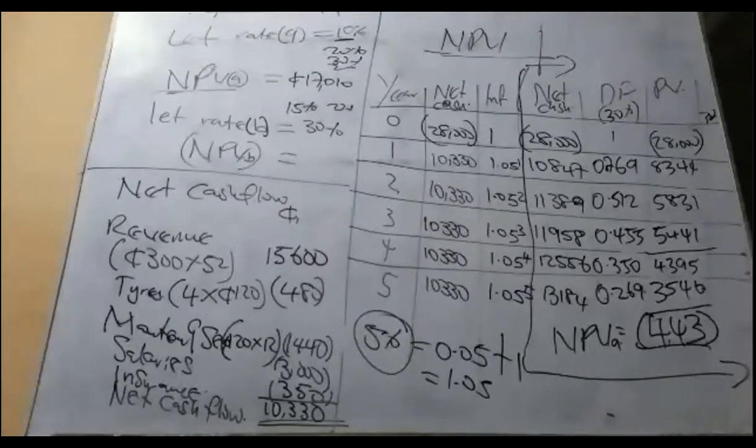So now we can go and calculate the internal rate of return. Wait, so 443. Okay, the negative will not come in.